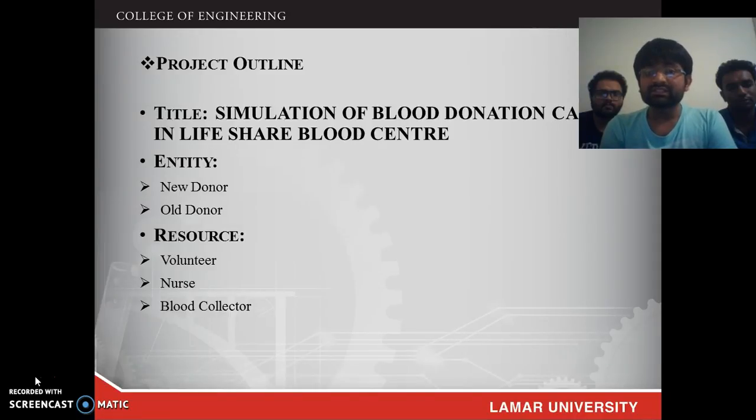The nurse checks the health history of the blood donor, and if the health history is good, like there is no disease and nothing else, then the donor goes to the blood collector. The blood collector takes the blood from the donor, and then after some time of rest, the donor leaves the blood center.